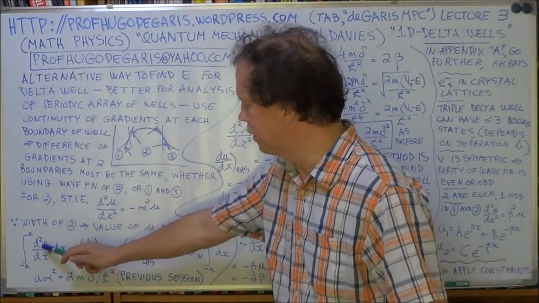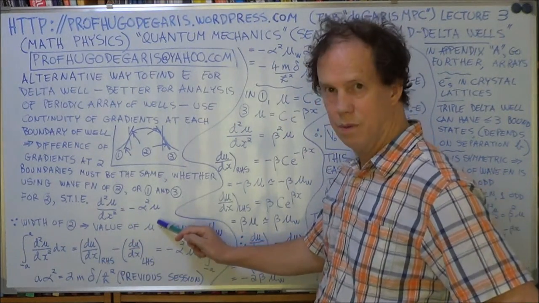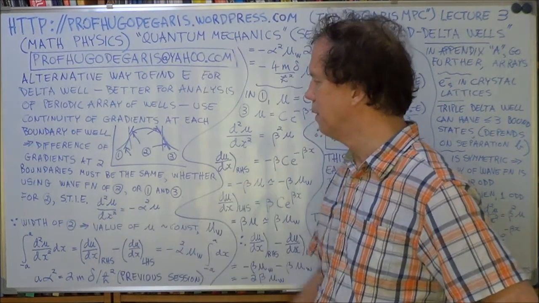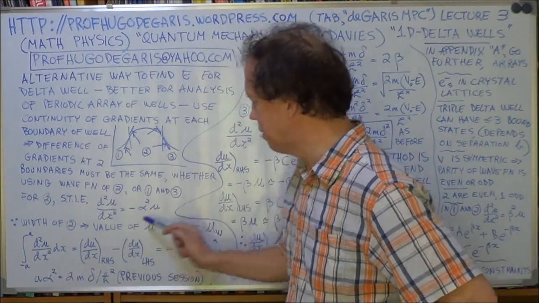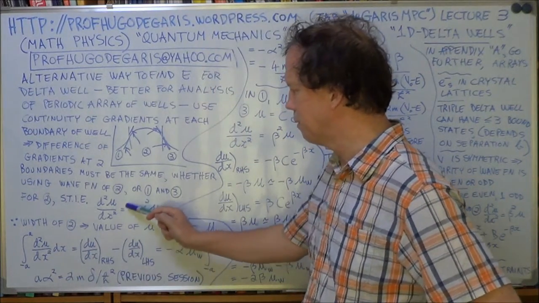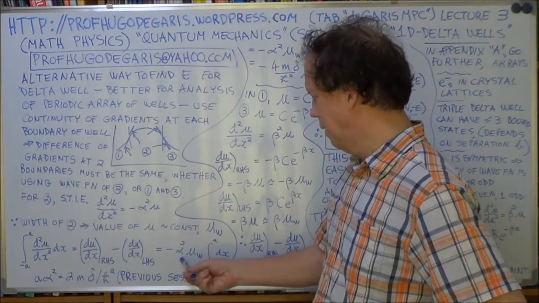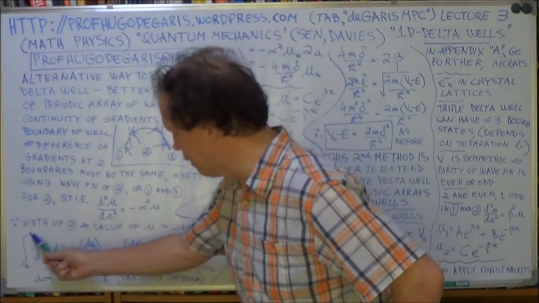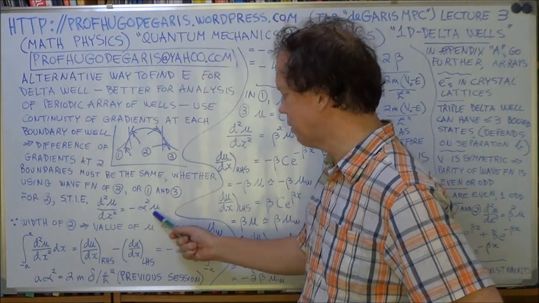But this second differential, we know what it is. It's just minus alpha squared u. We have that from the STI, the Schrödinger time-independent equation. So instead of d squared u dx squared, we can substitute minus alpha squared u.